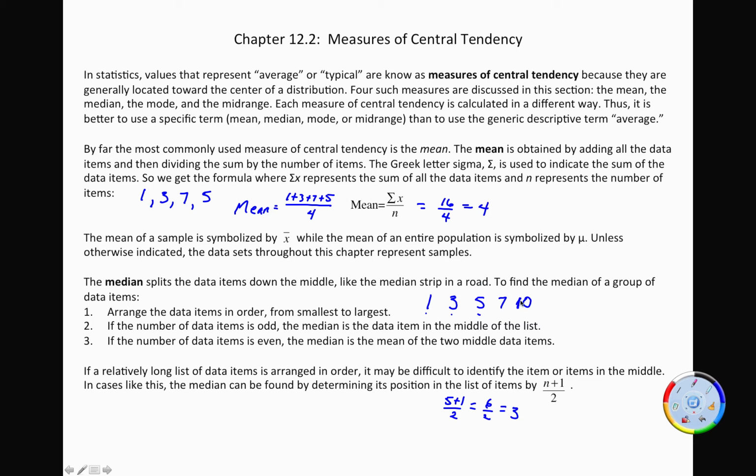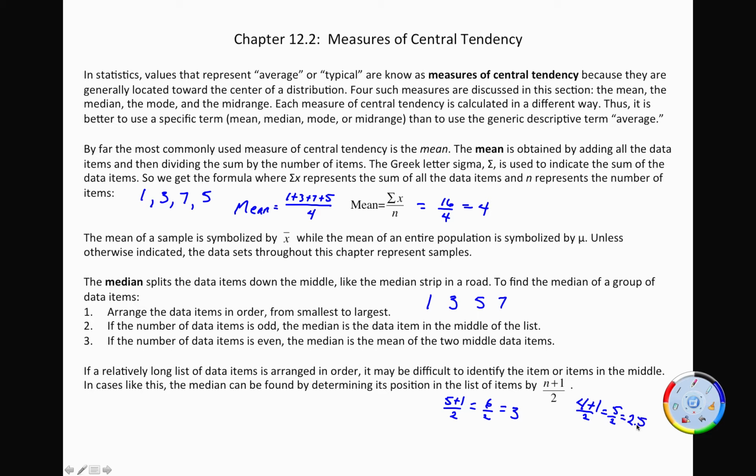Likewise, when we had 4 data items, and I wasn't sure where the middle were, I could plug into this formula. So 4 plus 1 over 2 is 5 over 2, or 2.5.